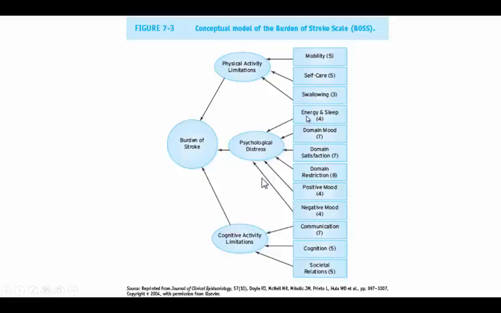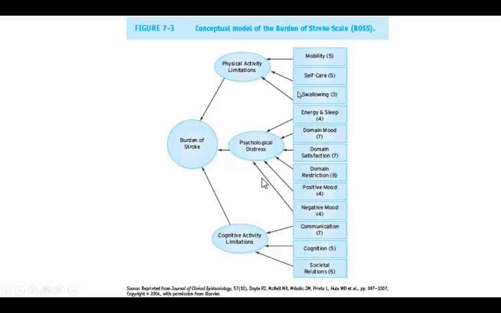This section is about energy and sleep, the mood, satisfaction, restriction, positive mood, negative mood. All of this is under the psychological distress or psychological domain. And you will see that some questions are related to communication, cognition, and social relations. So this is all under cognitive activity or cognitive limitations.